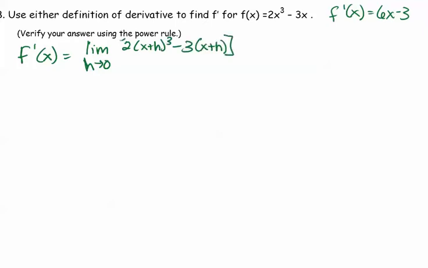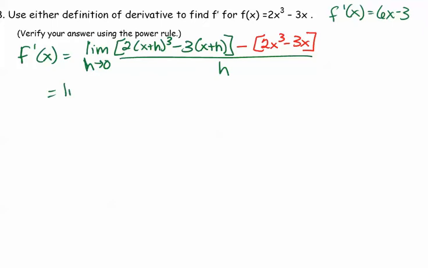So there's the first term. And then we want to subtract f of x itself, all divided by h. And now I hope that you know that your coefficients when you're cubing a binomial, and you could distribute that 2 right away.